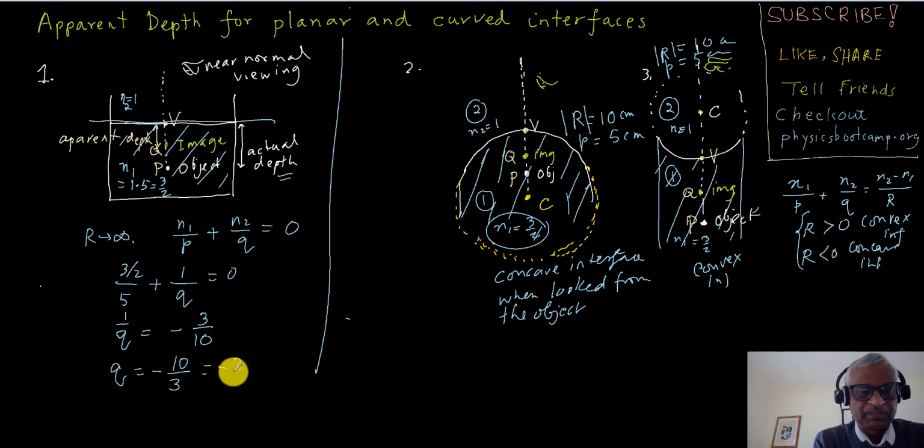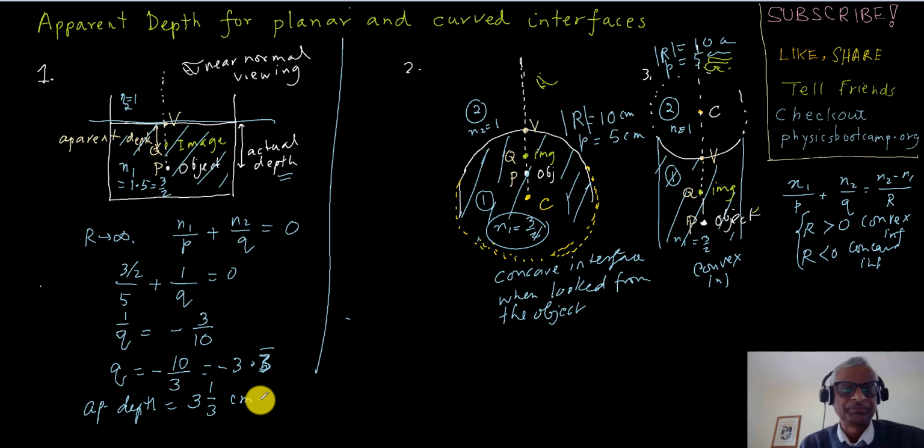This is negative, meaning on the same side as the object, so it's going to be here. So the apparent depth is 3 1/3 centimeters. This is going to be up here, nearer.